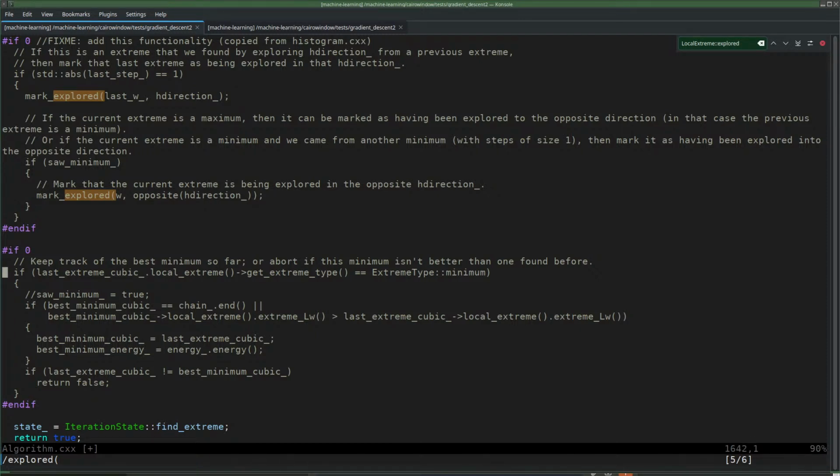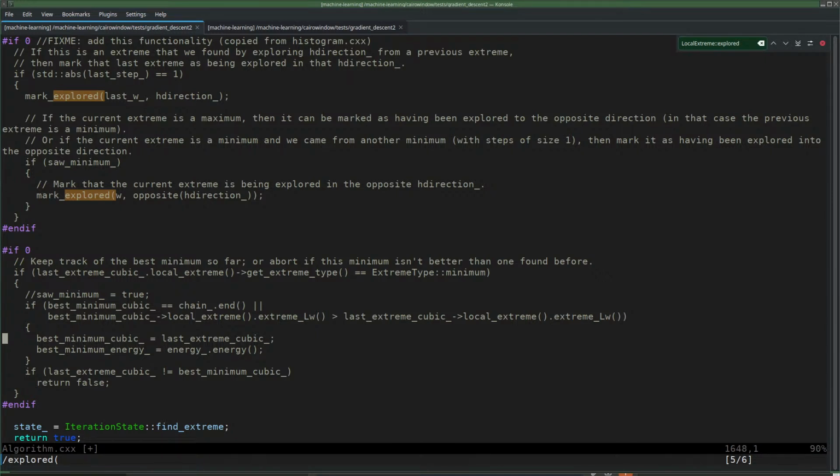The last extreme, cubic local extreme, get extreme type is a minimum. Then we saw a minimum. This is an update of the best minimum, of the best cubic.